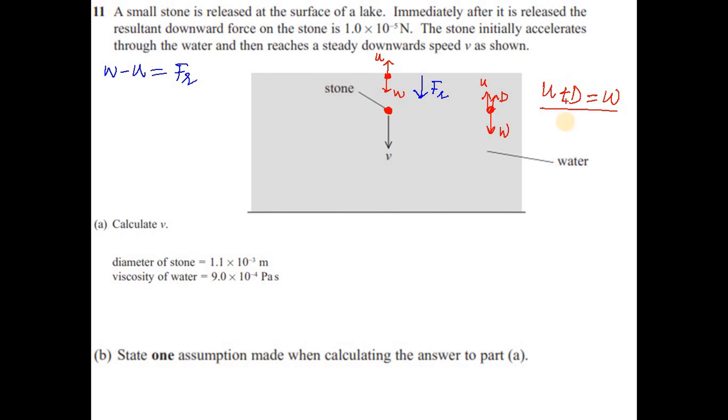If you rearrange, you can see that W minus U is equal to D at terminal velocity.